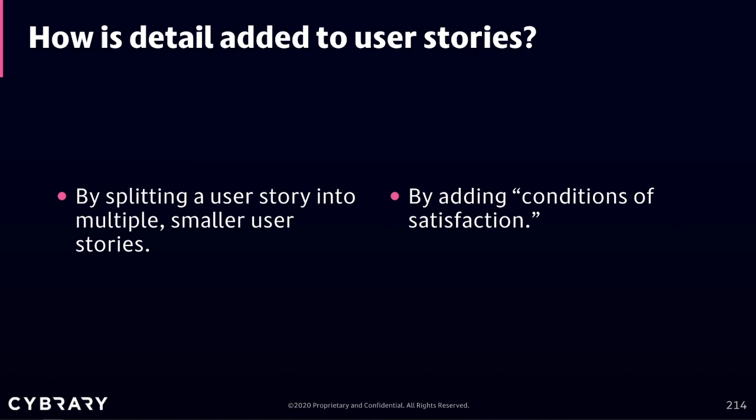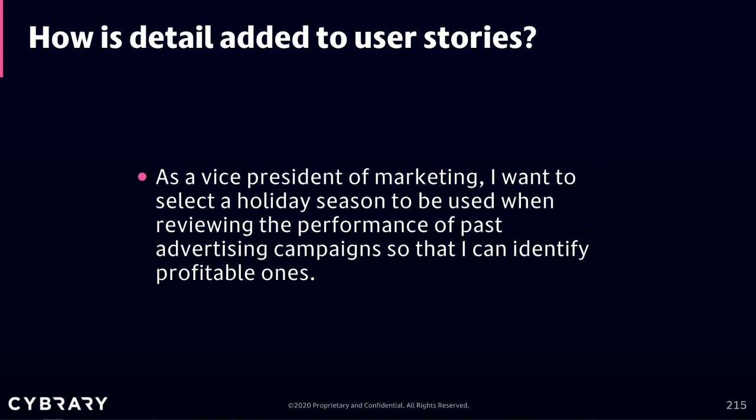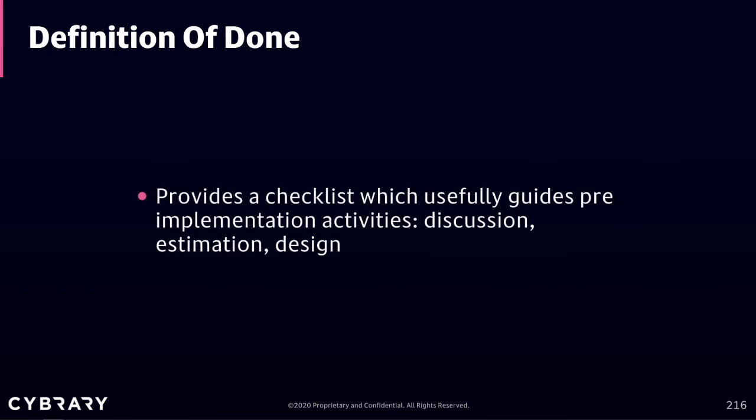So, you can make these into however you want. And there was the one that I just mentioned here. So as a vice president, that's the person, I want to select a holiday season to be used when reviewing the past performance of advertising campaigns so that I can identify profitable ones. They all maintain those key elements.